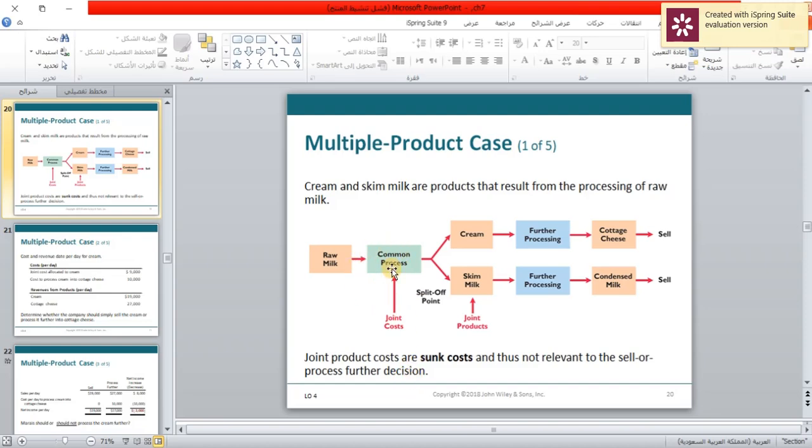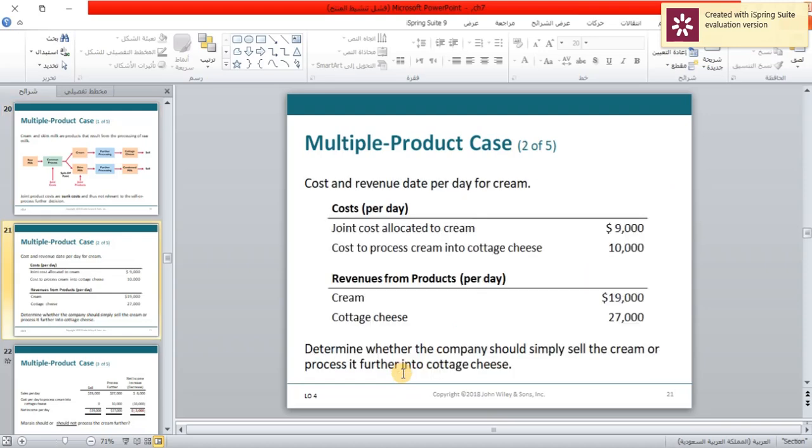Joint product costs are sunk costs and thus not relevant to the sell or process further decision. Joint cost at this stage is considered not relevant to take the decision to sell or process further. Cost and revenue data per day for cream: joint cost allocated to cream $9,000.